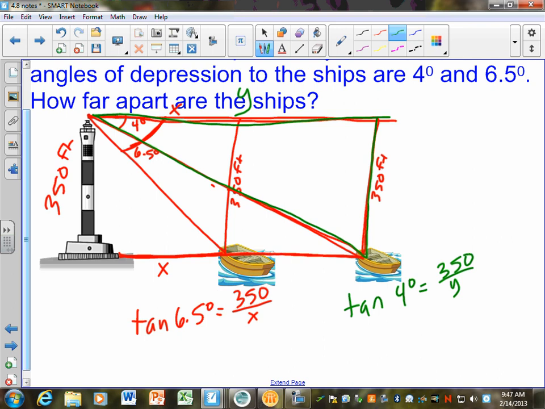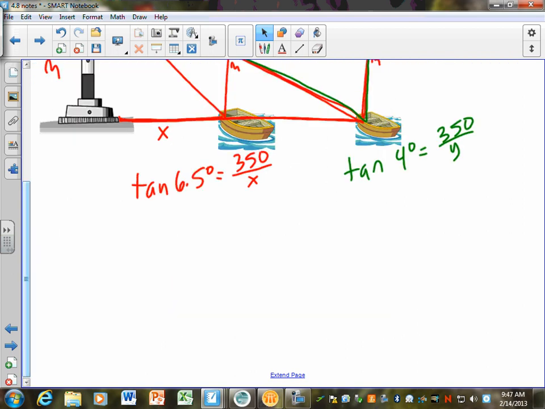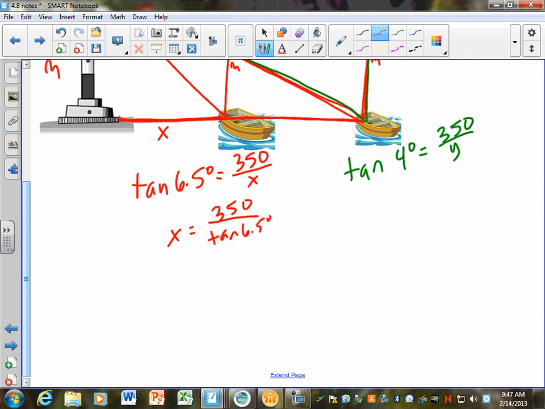One thing you could tell if you did this right is that this should definitely be a bigger number than the 6.5 degree one. And just like the last time, if x is on the bottom, you're going to have to multiply it over and then divide it. So I think what you should be doing on your calculator is you would take 350 divided by tangent of 6.5 degrees, because you would have to divide that back over.